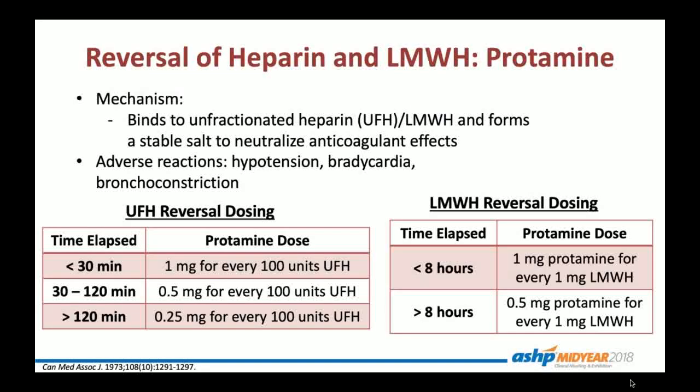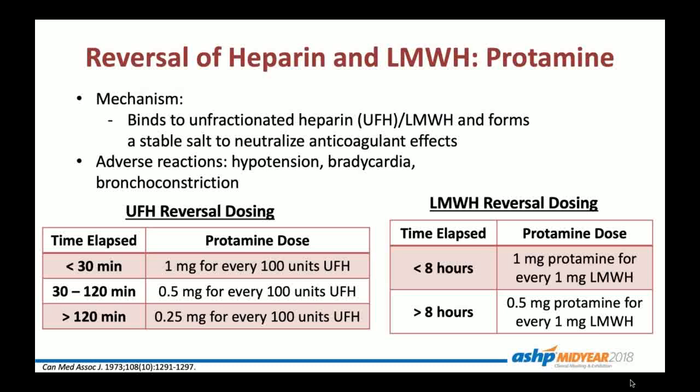If patients do bleed on heparin or low molecular weight heparin, the reversal agent of choice is protamine. This binds to either agent and forms a stable salt to neutralize those anticoagulant effects. Adverse reactions are noted, so we have to push the medication slowly, and the dosing is noted as well.